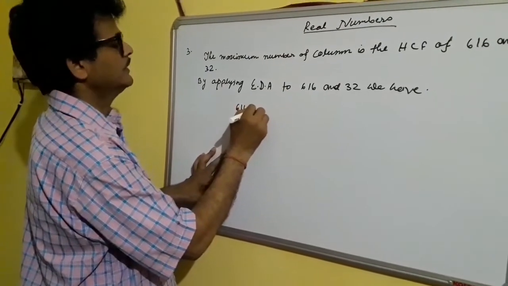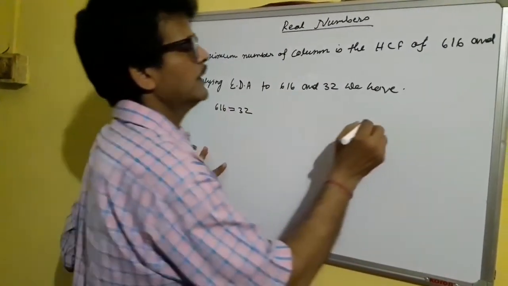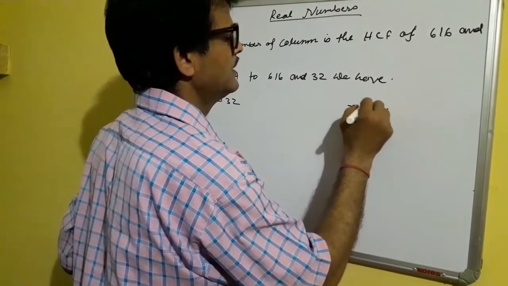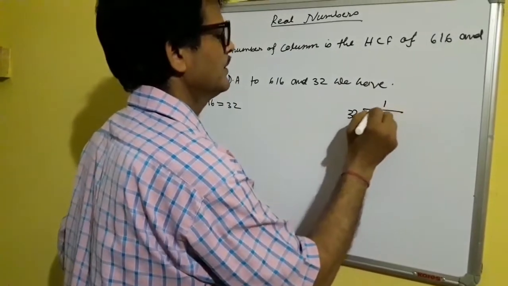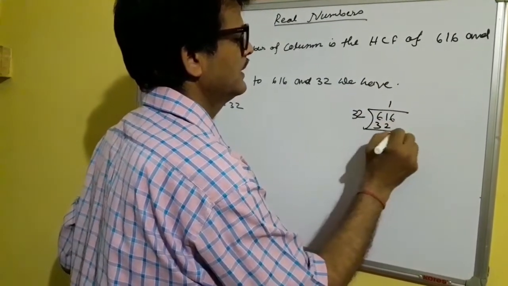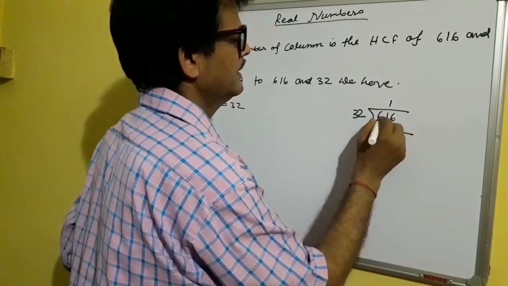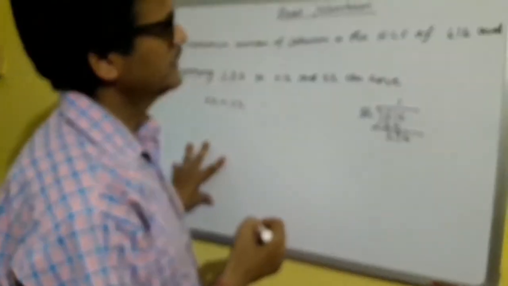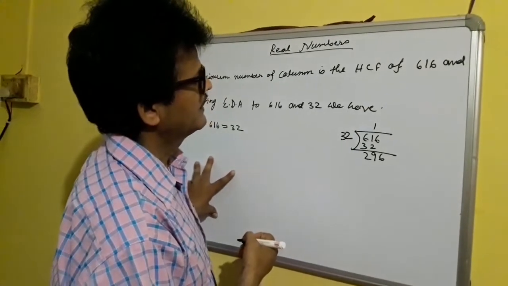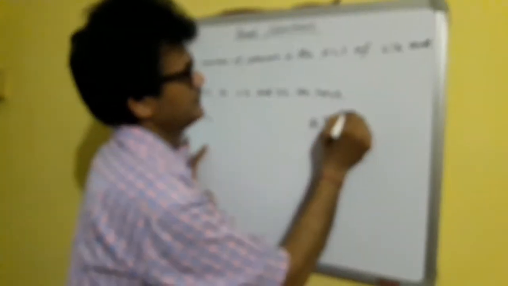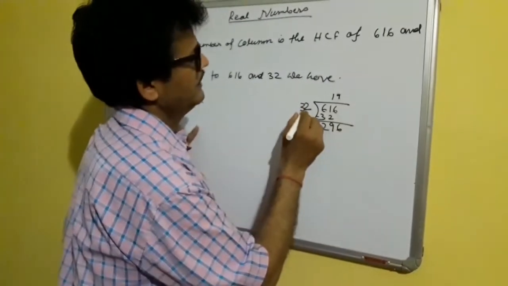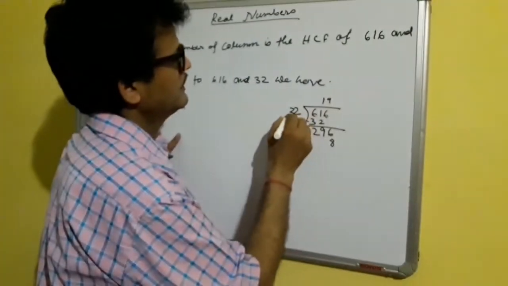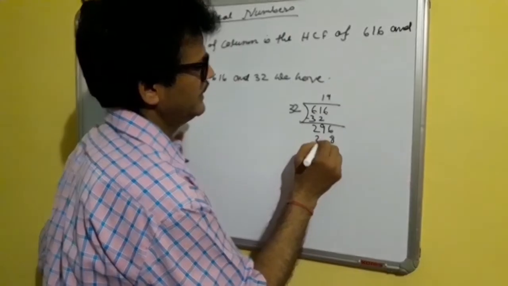616 is equal to 32 times something. So how do you find this? You divide 616 by 32. So this will be 1 time, 2 3s are 6, 11 minus 2 is 9. Here we have 5 minus 3 is 2, then 6. How many times will it go? Now it will be 9 times. 9 2s are 18, carry 1, 9 3s are 27, 1 is 28.